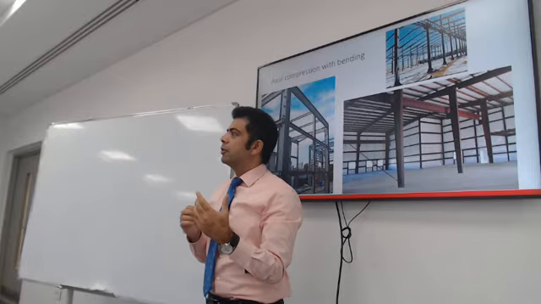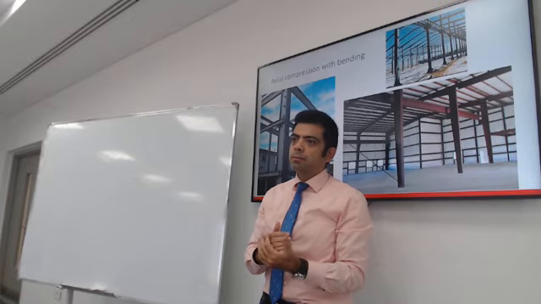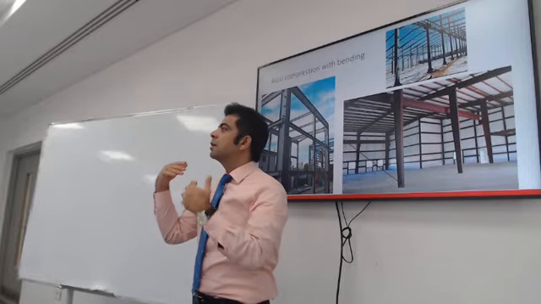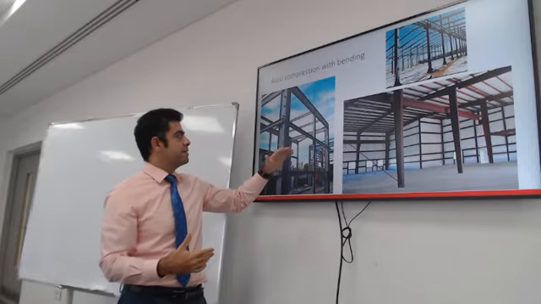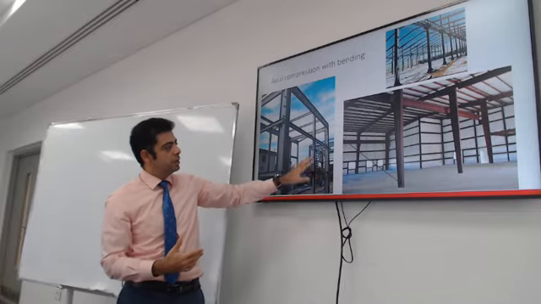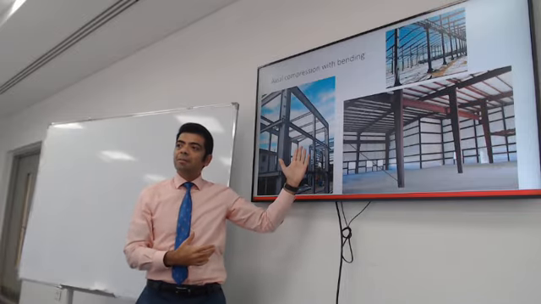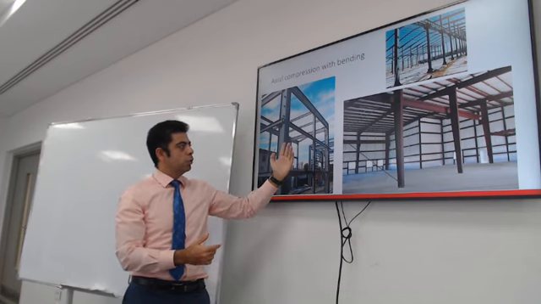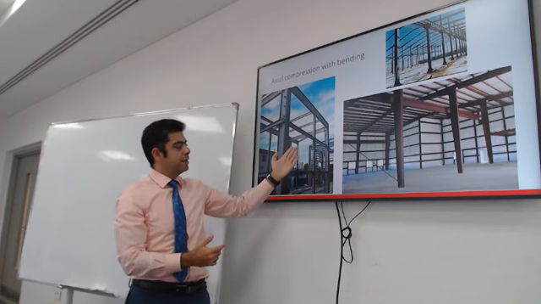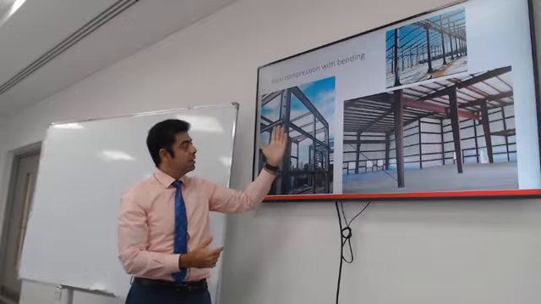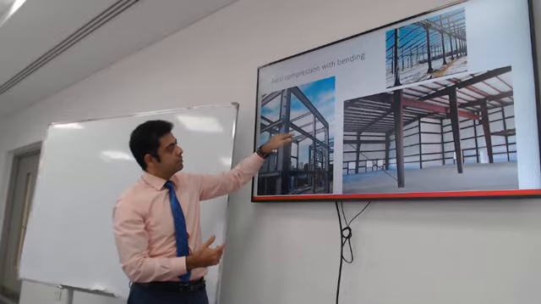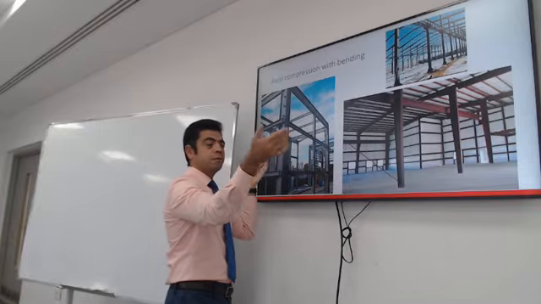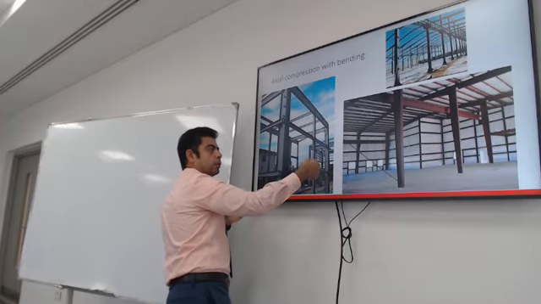Can you think of any other case where you can have moment in a column? Yes, if it's an exterior column. So for example, these columns, this is the outside of the building. When it's finished, there will probably be windows or just solid walls sitting on these girts or on these beams, and the wind load will be transferred to these horizontal beams, and they will transfer the load to the column as a point load.